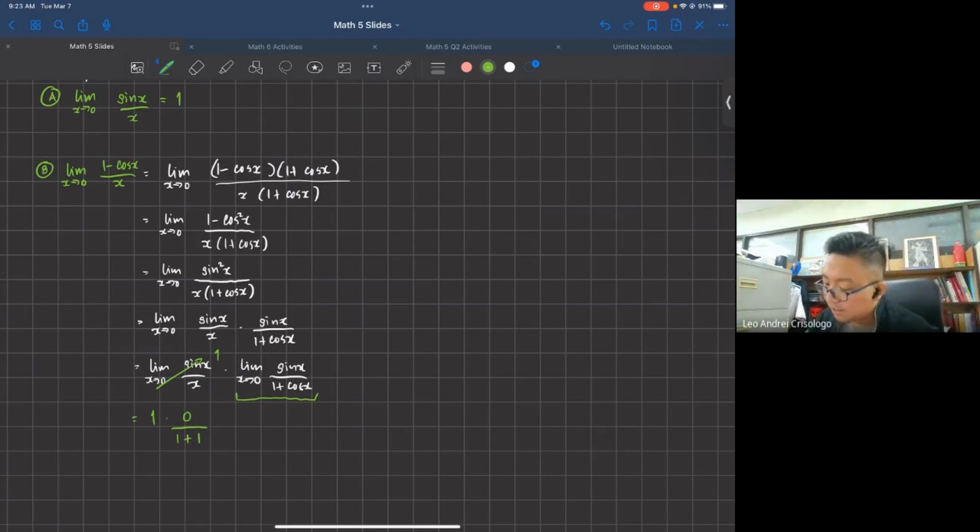So, it's the entire thing, yung hinahanap natin na sa left side, it's equal to 1 times 0 or it's equal to 0. So, etong limit na to, yung 1 minus cosine x over x as x approaches 0, this is equal to 0. Okay, and now we're ready to find the derivative of sine x.